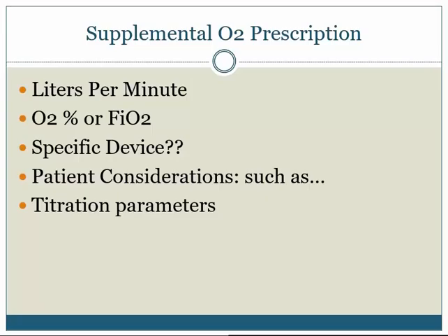How you're going to be delivering it, so what device, either nasal cannula, mask, bleeding it into your CPAP machine, other very patient-specific considerations that you might do. And if we do have the ability, if they want us to titrate oxygen, what parameters do they want us to titrate it to? What SpO2 levels should we titrate up to? All of that.